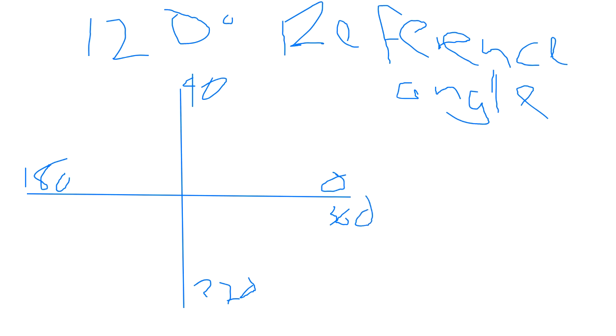So 120 degrees is positive, so I'll measure in the anticlockwise direction. 120 degrees will be somewhere here. So you ask yourself, which x-axis is the closest to 120 degrees?